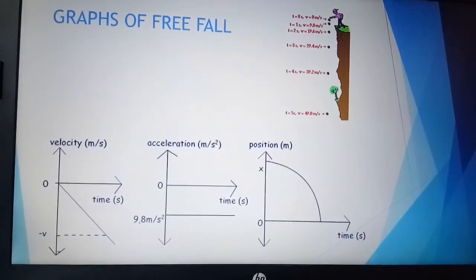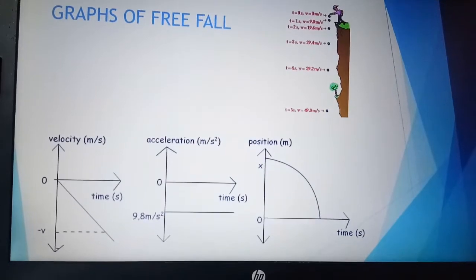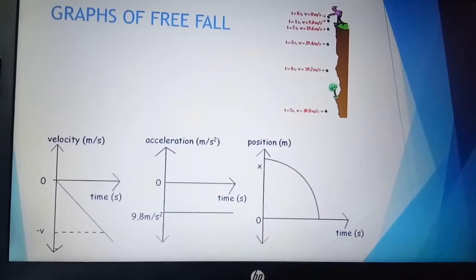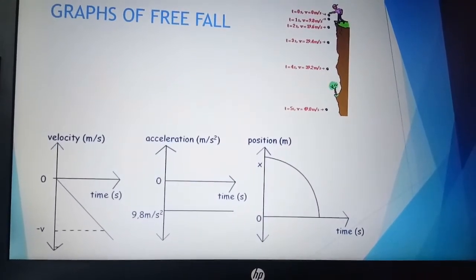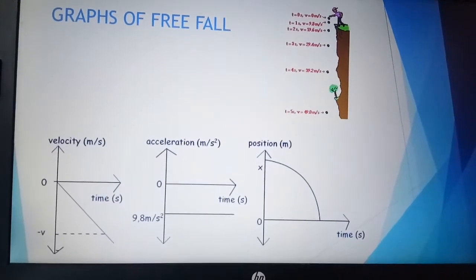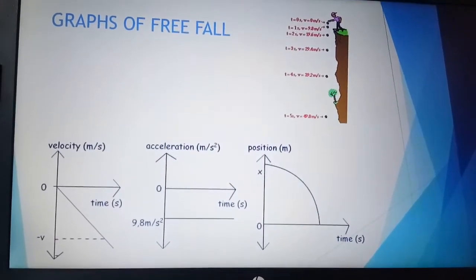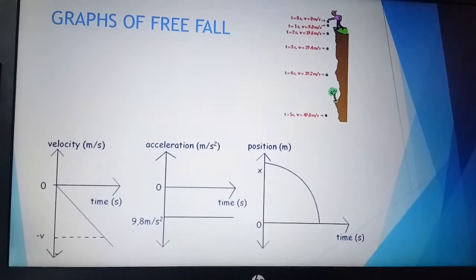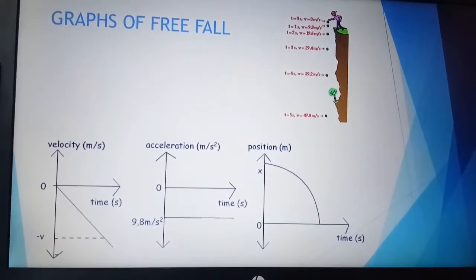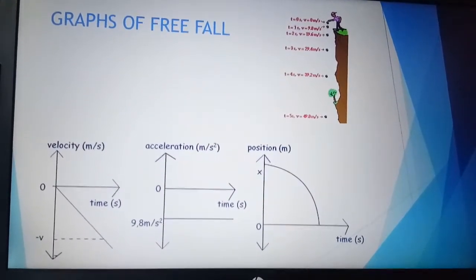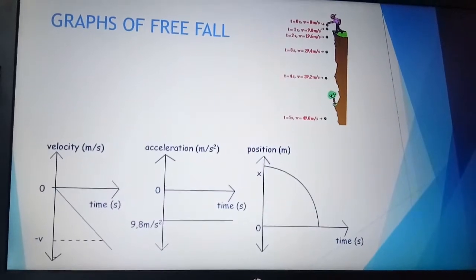Now, let us draw the graph of velocity versus time, the graph of acceleration versus time, and position versus time. First, the graph of velocity versus time. v is equal to minus gt is the standard equation for the free fall.